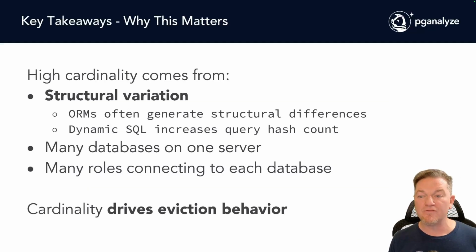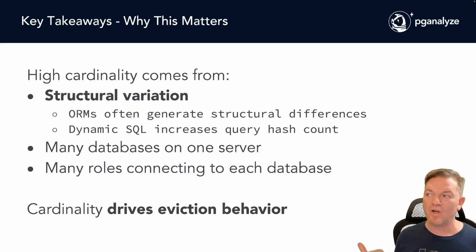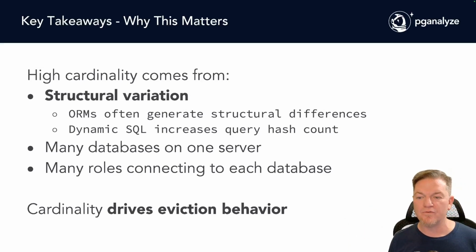So the key takeaways from this specific episode, as you're thinking about what's being tracked and how we identify unique entries in pg_stat_statements: we are really concerned about high cardinality, which can cause us to lose information when we go to find it later. High cardinality comes from structural variation. ORMs love to generate lots of unique versions of a query just because of how you write it.